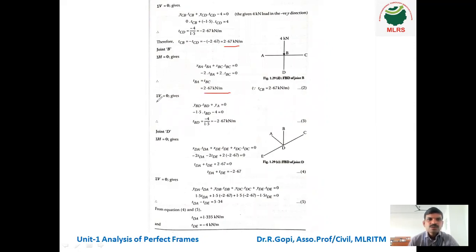Next come to summation of V is equal to 0. In case of summation of V equal to 0, only one member will come, one member and one vertical force. This member also acts downward, so minus. So YBD TBD plus YA, YA is minus 4, equal to 0.